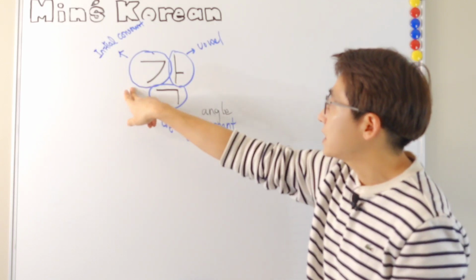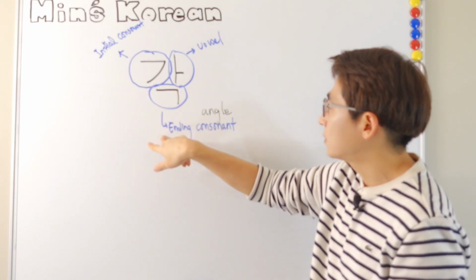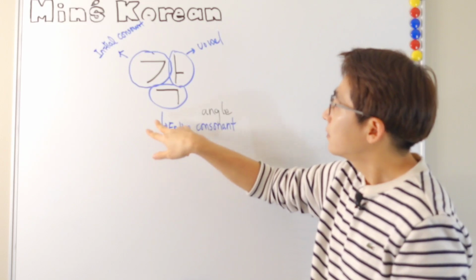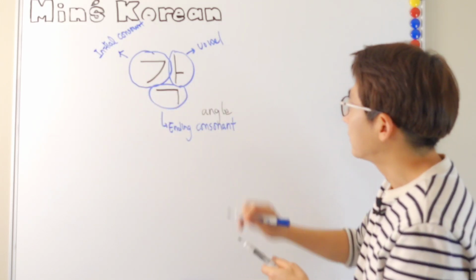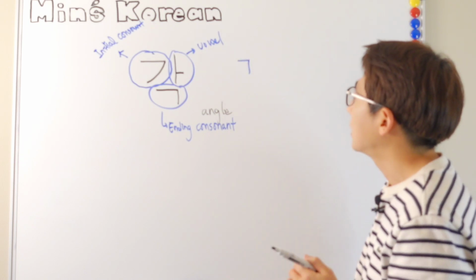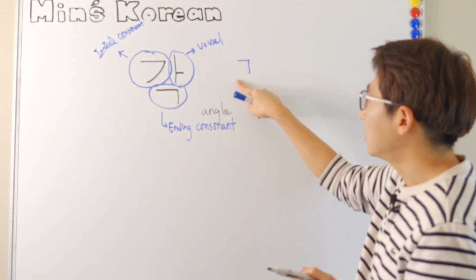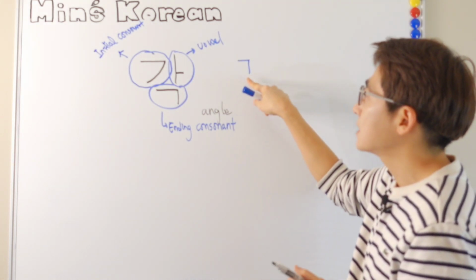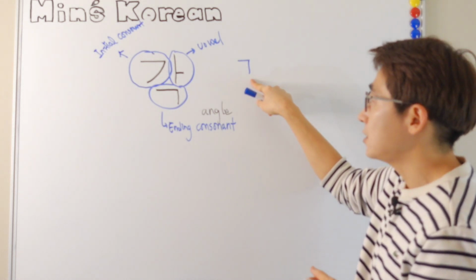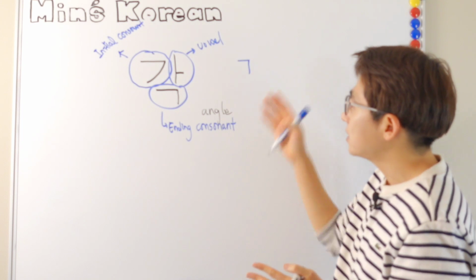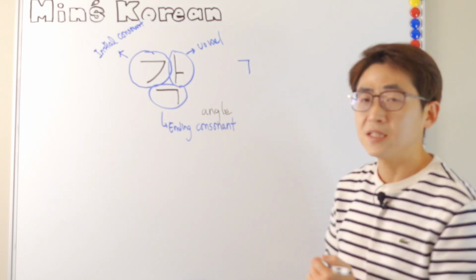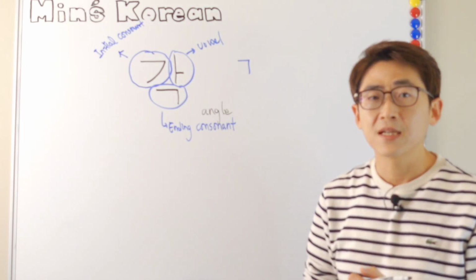One is the initial sound and the other one is the ending sound. For example, the first Korean consonant, 기역, has the sound of g as an initial sound, but then when it's used as an ending consonant, it's pronounced as k.